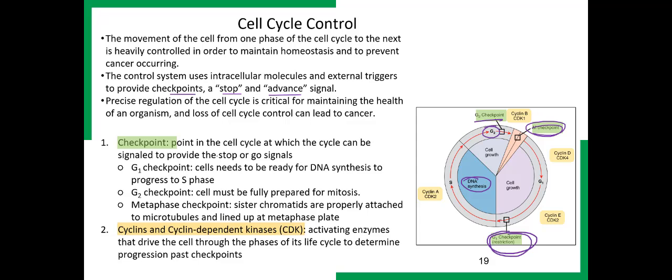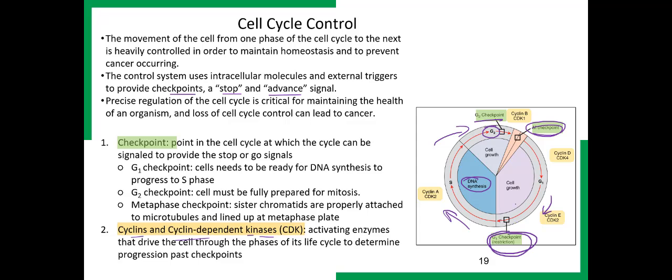And we've also got several different enzymes called kinase enzymes, which are cyclin and cyclin-dependent kinases. These are activating enzymes to spur or drive the cell through its various phases and to also progress past the checkpoints.